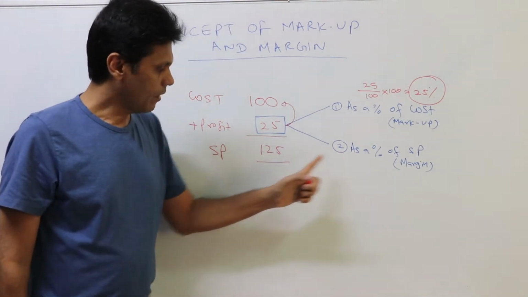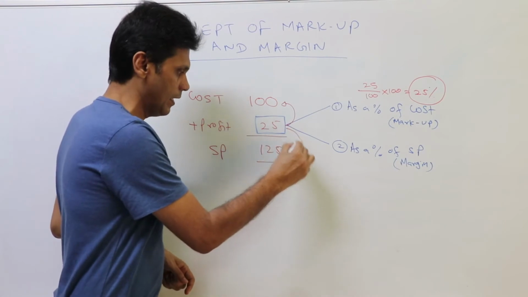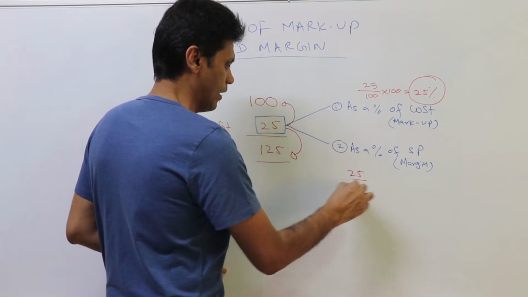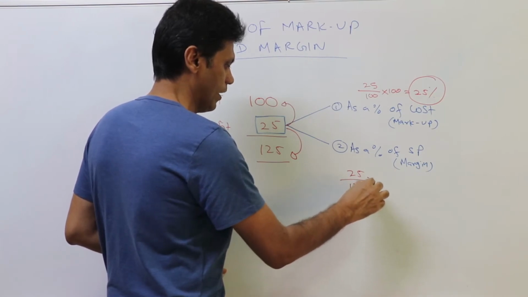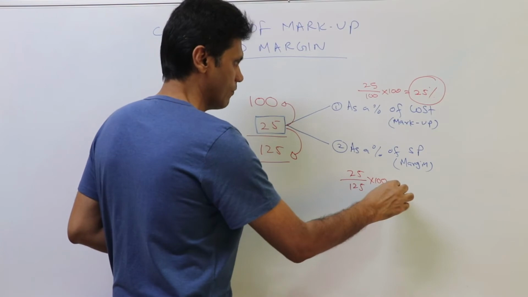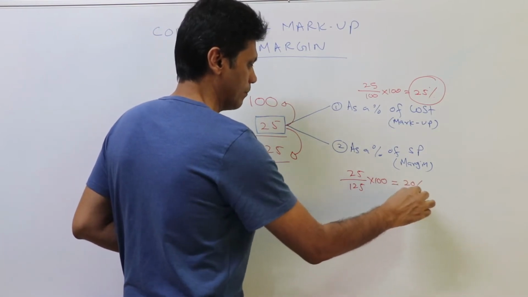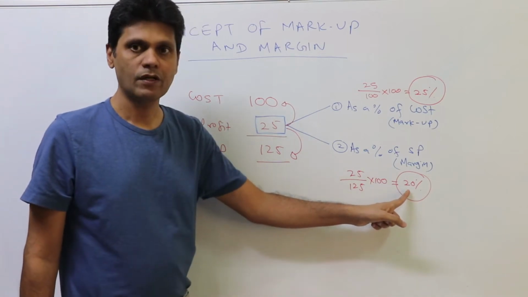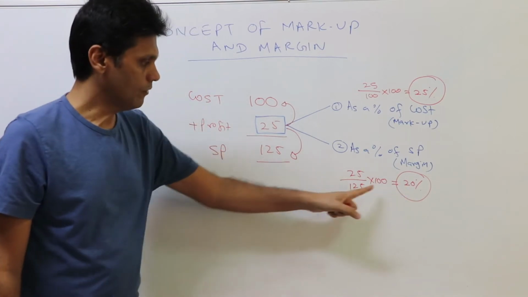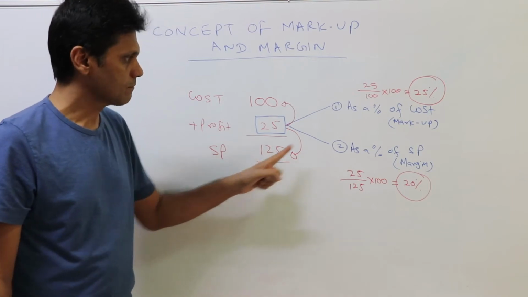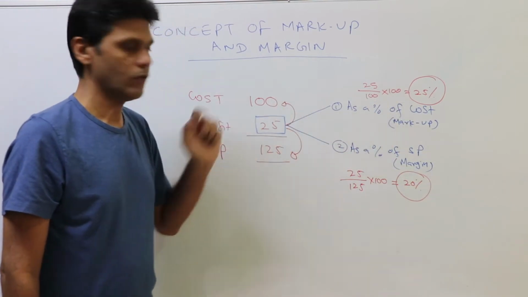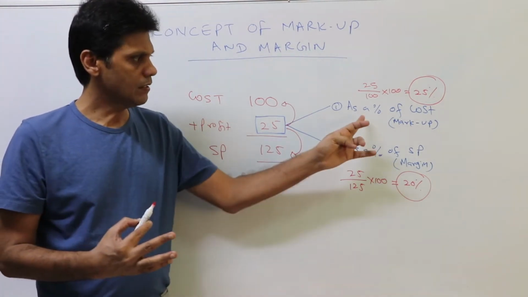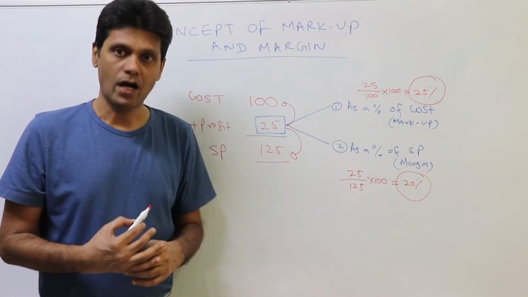Then if the profit is expressed in terms of selling price, how do you calculate? 25 divided by 125 times 100 will give you 20%. So this 20% is the profit margin. Profit margin on selling price, markup on cost. This is a simple way of calculating the markup and margin.